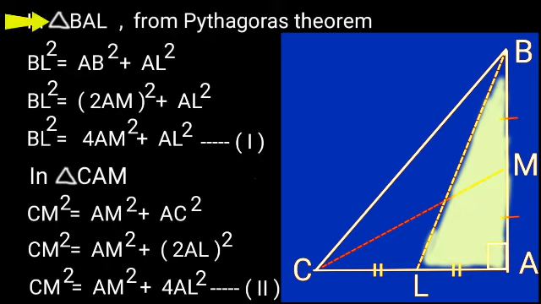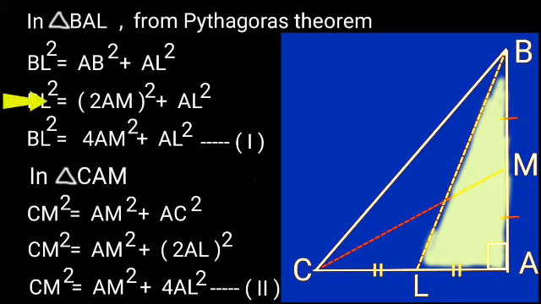In triangle BAL, from Pythagoras theorem, BL square is equal to AB square plus AL square. BL square is equal to, AB is nothing but twice AM because M is a midpoint of AB.